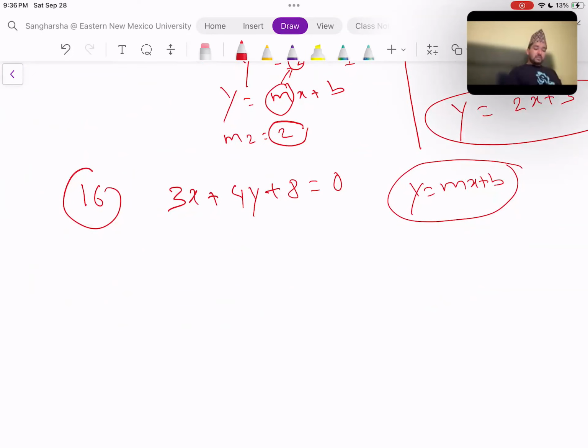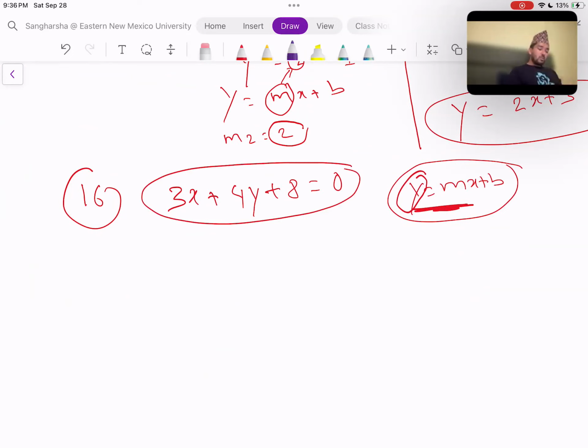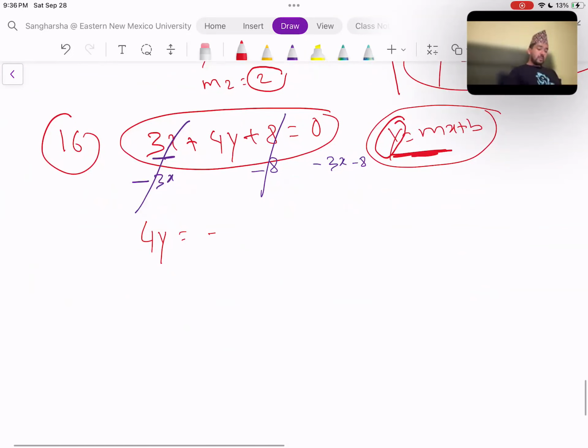Expressing in this form means you are solving for y. In order to solve for y, we get rid of 3x. So we subtract 3x on both sides. We subtract 8 on both sides. This is gone, this is gone. So we have 4y equals negative 3x, negative 8.